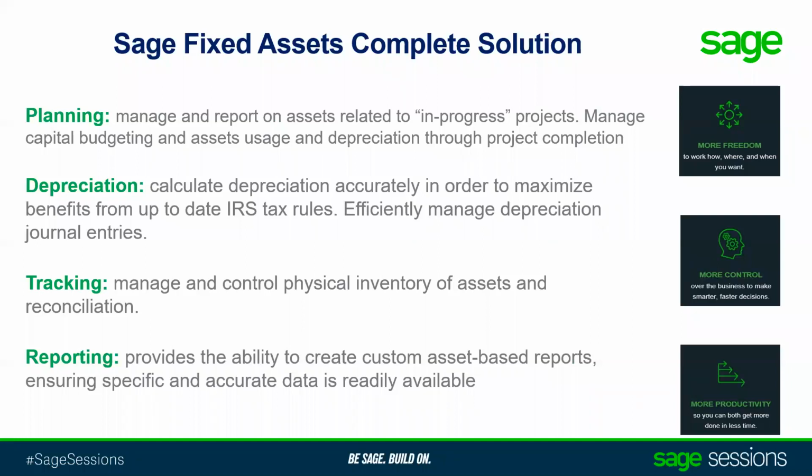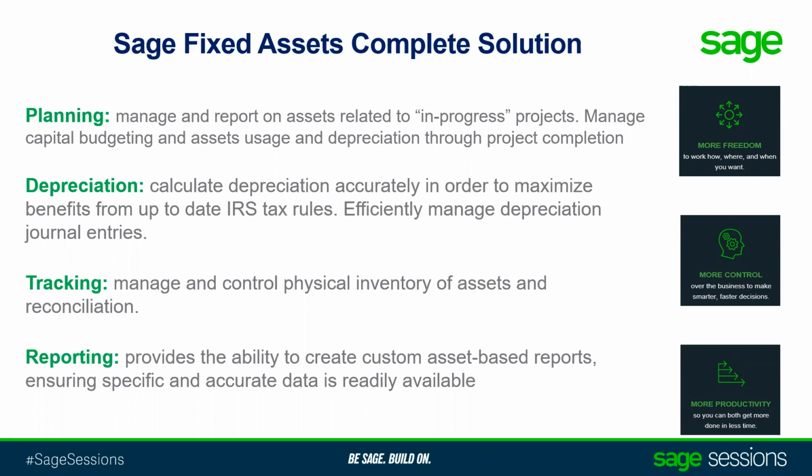So let's talk about the Sage Fixed Asset solution in total. As I stated earlier, it is a solution that you can use to manage your fixed assets through their complete life cycle. The planning module, for example, is totally geared towards those work in progress or construction in progress before they become a fixed asset, where you will be able to manage all of your budgets and be able to measure against that before placing them in service.